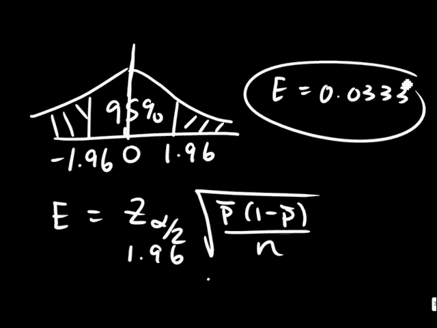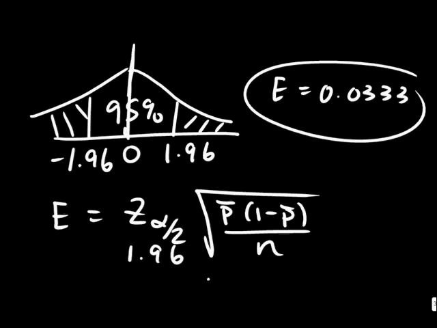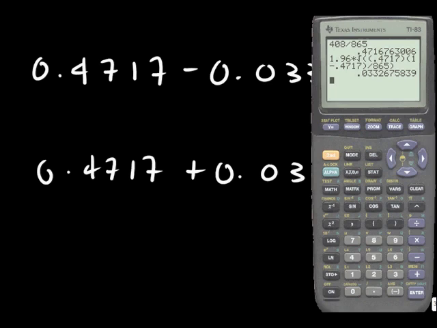This is what we're going to use. So our sample proportion, subtract the error, sample proportion plus the error. Let's see what we get.